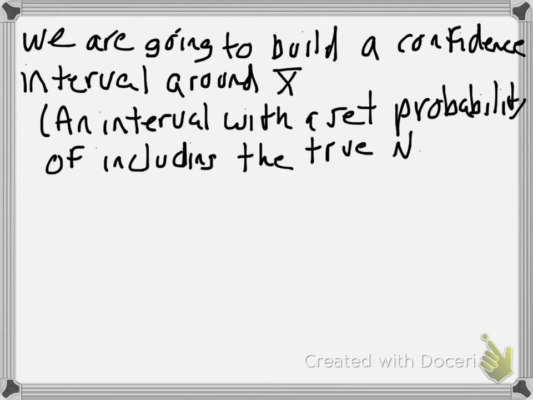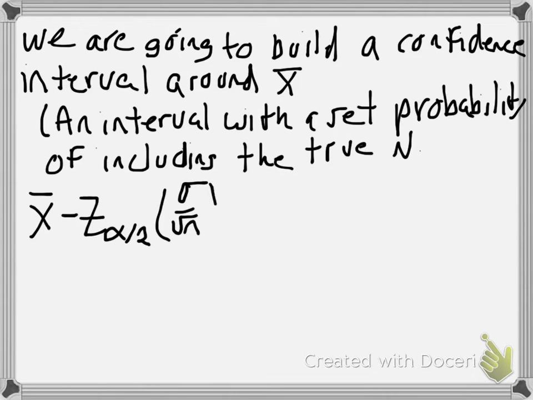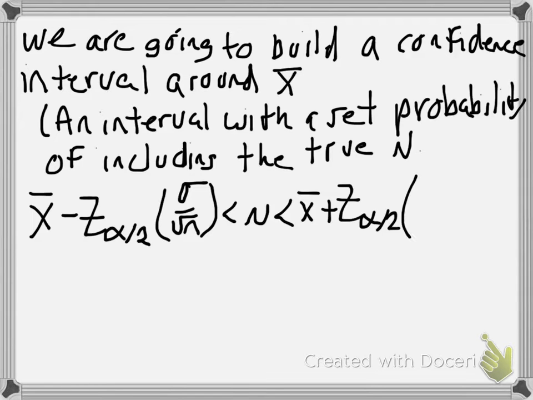The confidence interval is, and this is on your blue sheet, and we are in chapter 7, going to be X bar minus Z of alpha over 2 times sigma over the square root of n is less than mu, which is less than X bar plus Z of alpha over 2 times sigma over the square root of n.